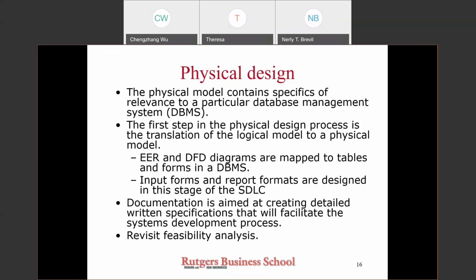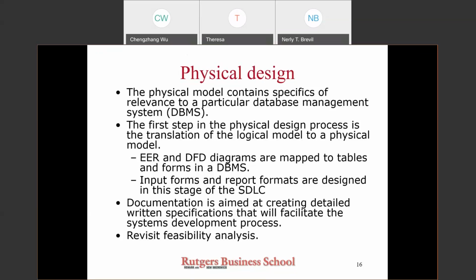Feasibility analysis was first conducted during the system analysis stage, with the detailed database system design having been left to the system design stage. The feasibility questions are revisited. The detailed design permits a more accurate estimate of the cost of building a new system.